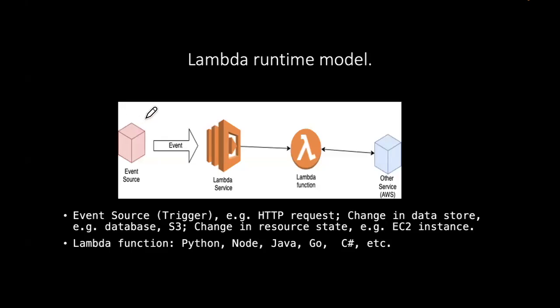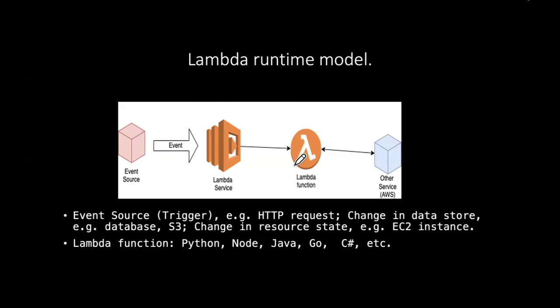So, again, I've kind of talked about this, but this is a visual representation of the runtime model for this AWS Lambda service. On the left, you have some source for your event, and the source of the event could be anything. We have to configure it, of course.